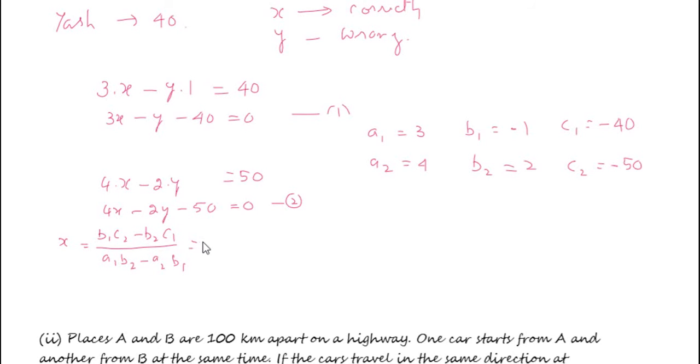So in this case, b1 is minus 1, c2 is minus 50, minus b2, b2 is minus 2, sorry, so minus 2, c1 equal to minus 40, so this is minus 40, divided by a1 b2, a1 is 3, b2 is minus 2, minus a2 b1, a2 is 4, b1 is minus 1.